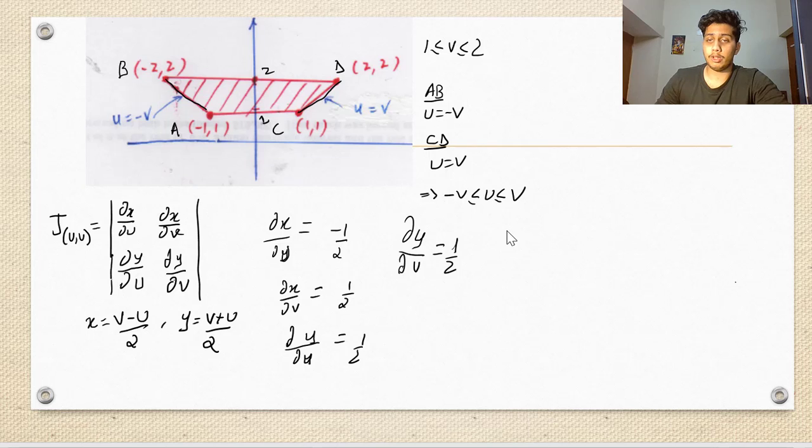So for the Jacobian, we get minus 1 by 2, 1 by 2, 1 by 2, and 1 by 2. Further solving, the value of the Jacobian will be 1 by 2.